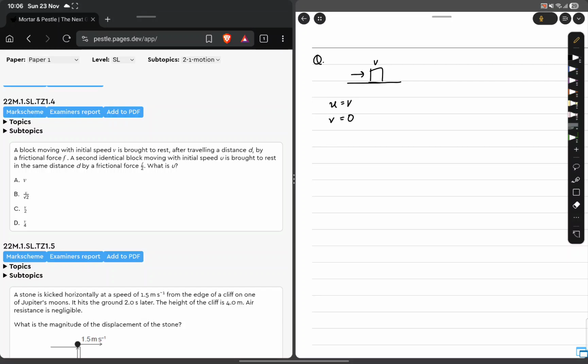After traveling a distance d, s is d, by some frictional force F, then a second identical block moving with initial speed u is brought to rest in the same distance d by a frictional force of F over 2. What is u?